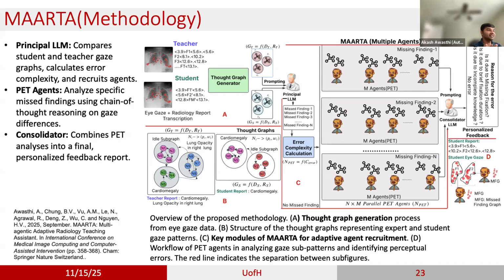That's a very good question. There can be a little misalignment between the gaze and the report, because these are two time series. Misalignment sometimes happens, but we work on the assumption that there is no misalignment.